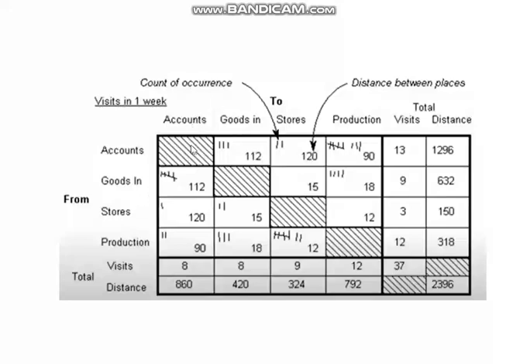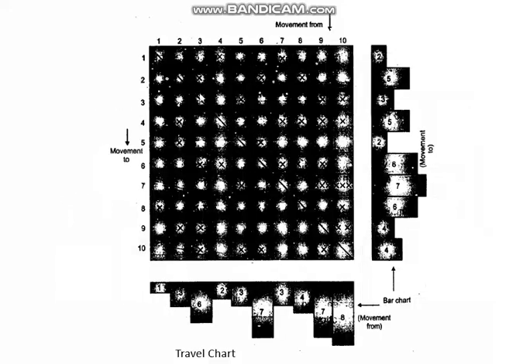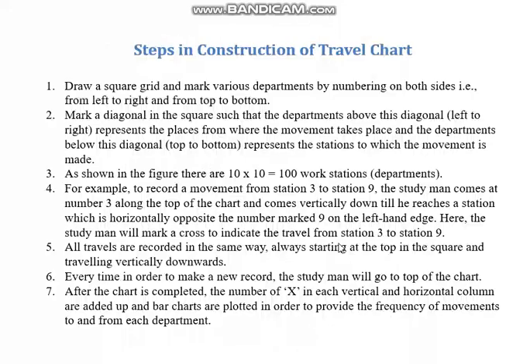So you cannot originate from accounts and go to accounts, so this is crossed. Similarly, from goods to goods you cannot go, from store to store you cannot go, from production to production you cannot go. You cross all these diagonal cells. So a diagonal is drawn like this. So you draw the diagrams.